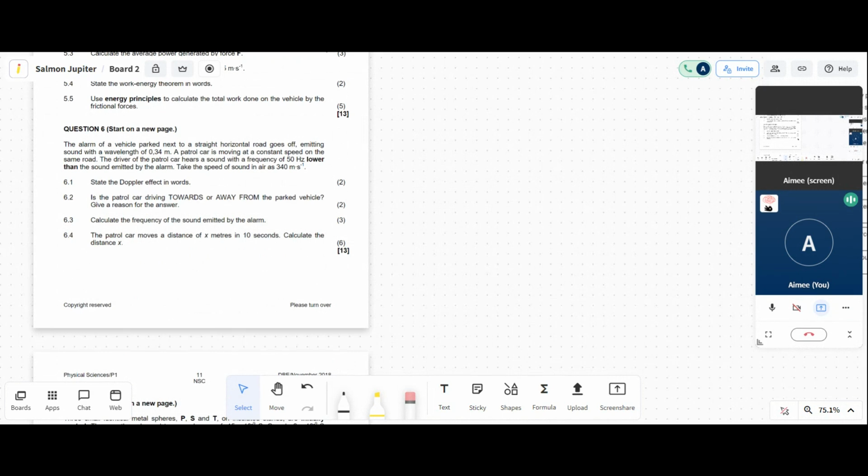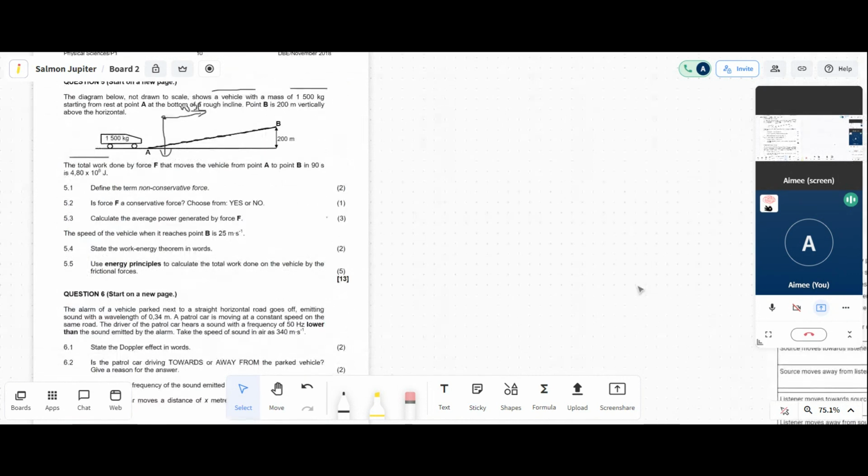The change in frequency or pitch of the sound detected by a listener, because the sound source and the listener have different velocities relative to the medium of sound propagation. Okay? Now, the next question says, is the patrol car driving towards or away from the parked vehicle? Give a reason for your answer.